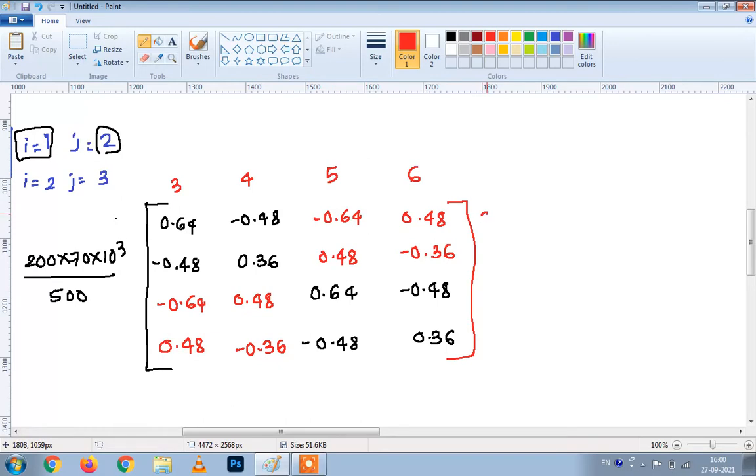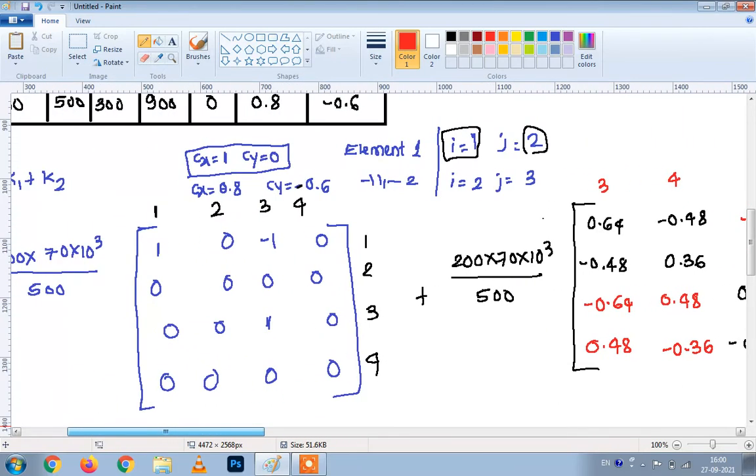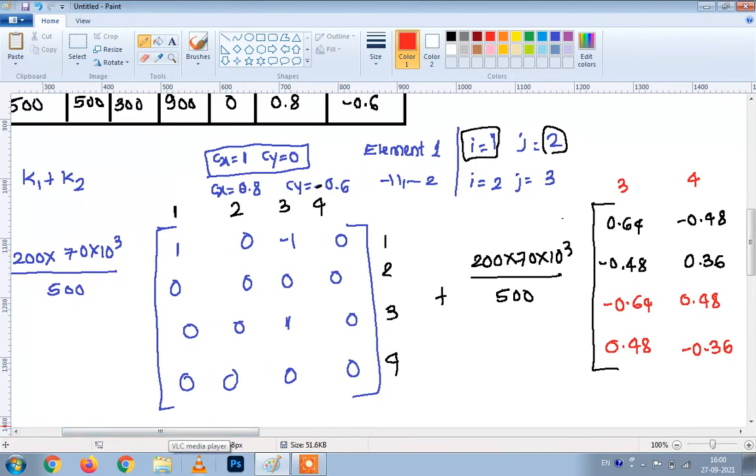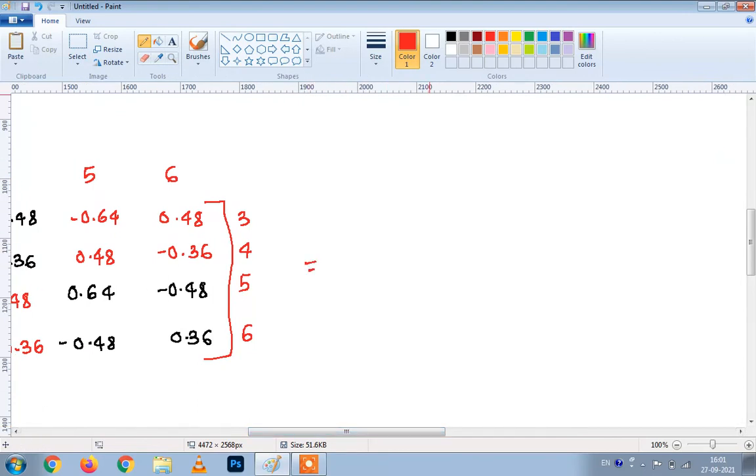It is a very important step to write down the correct degree of freedom, because after combination of these two, K1 and K2, what will we get? We will get the 6 by 6 matrix. So we have to combine this 4 by 4 matrix to find out the 6 by 6 matrix, which we are going to write here.